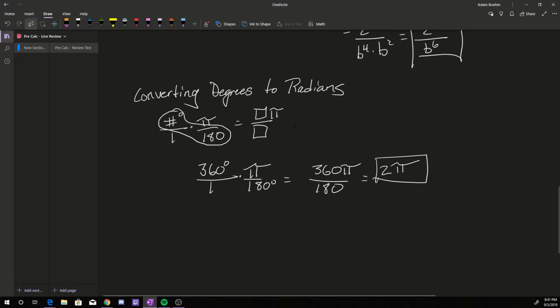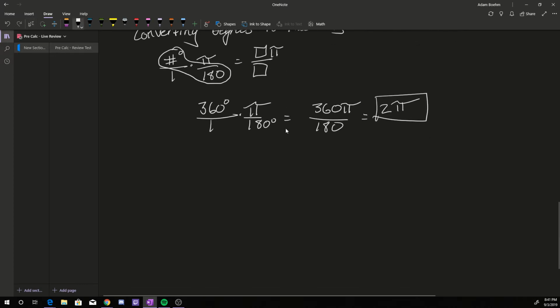It's kind of the same thing for converting radians to degrees, except this time you have some number of pi. And you want to cancel out the pi, so you want to multiply by 180, divide by pi.